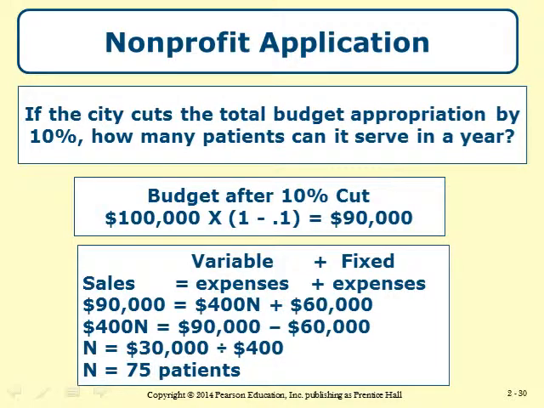And based on that, we have an N of $30,000 divided by $400 variable costs, and it gets us to 75 patients. So you can see that the difference between $10,000 in budget amounts to a difference between 100 patients at $100,000 or 75 patients at $90,000, and that 25 patient difference is a 25% reduction between years as a result of a 10% reduction in budget.